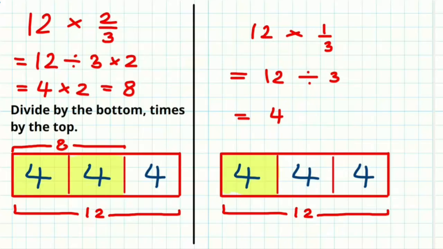You can see that we divided by 3 and multiplied by 2. So the rule in general is you divide by the bottom, you times by the top.